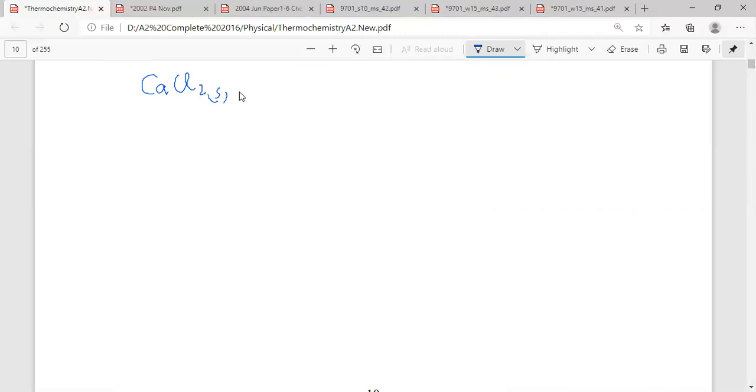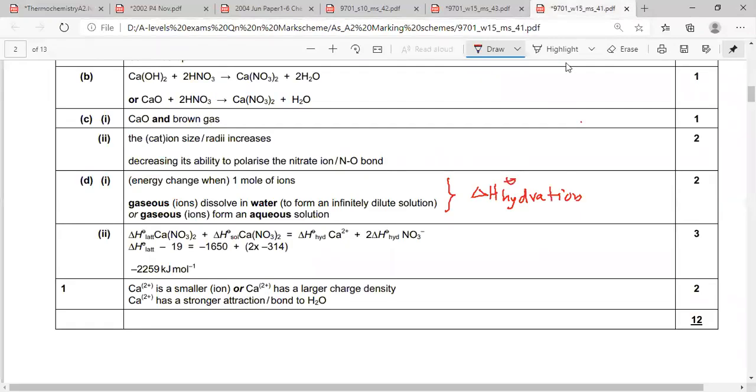I put aqueous because you don't know how much water it is. I want so much water that it will totally dissolve it. That is called an infinitely dilute solution. It's given in the marking scheme, to form an infinitely dilute solution. It's very important, but sometimes they just use aqueous solution, which also works.